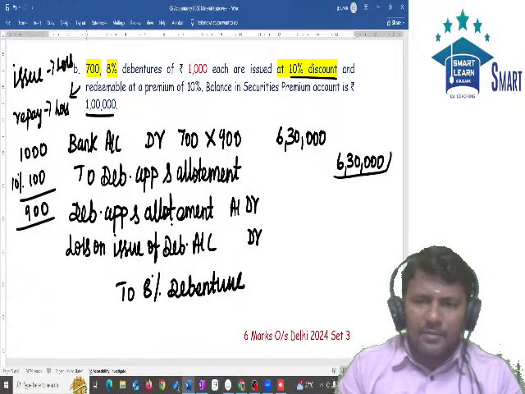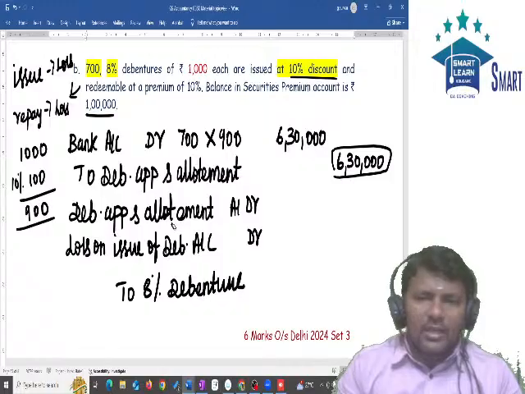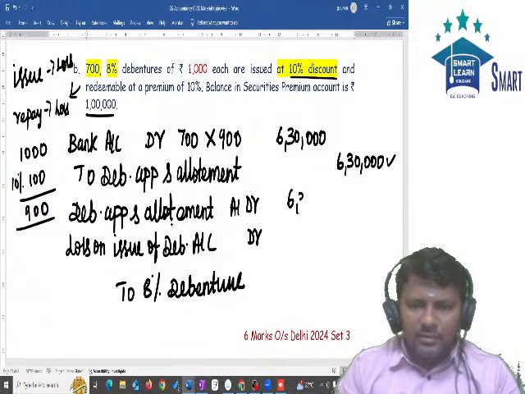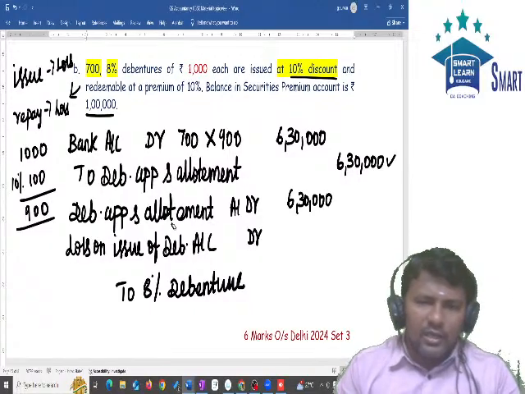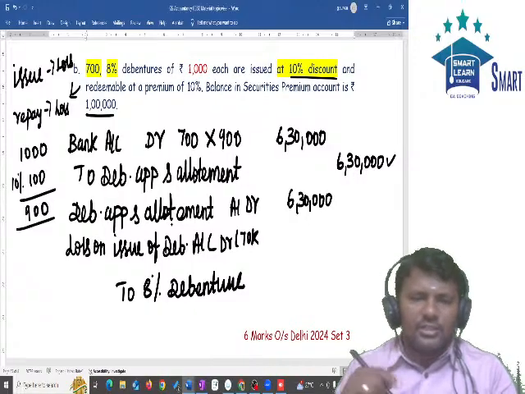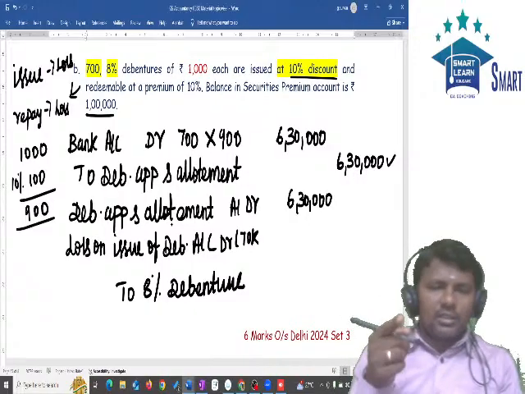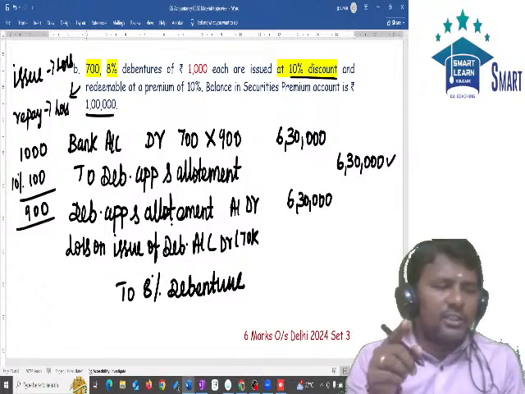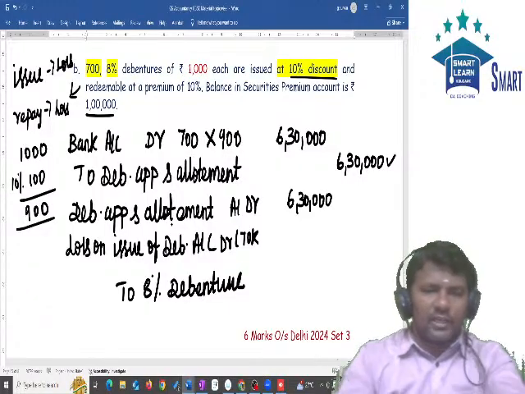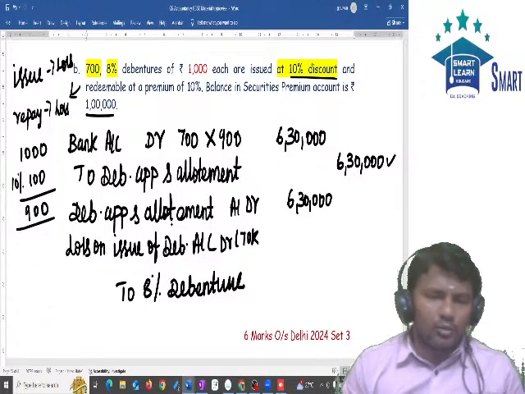Bank account is debited with 6,30,000. Up in the first entry, debenture application is credited with 6,30,000. Here debenture application and allotment should be debited with 6,30,000. And also we have an amount of 70,000 for loss on issue, because debentures are issued at a discount of 10%.